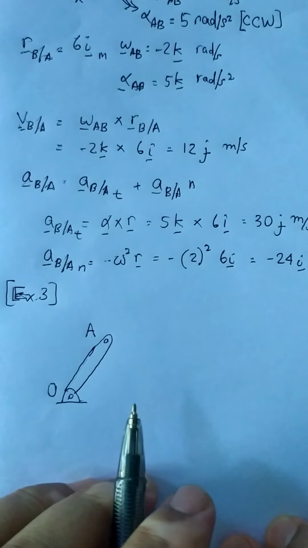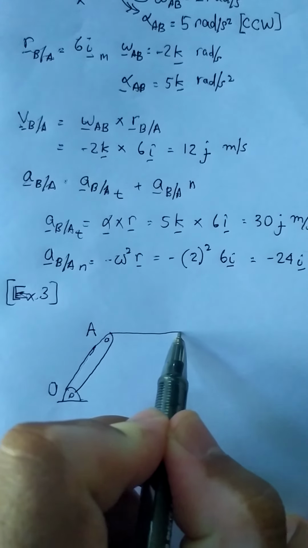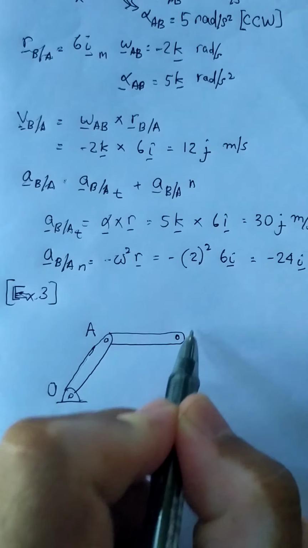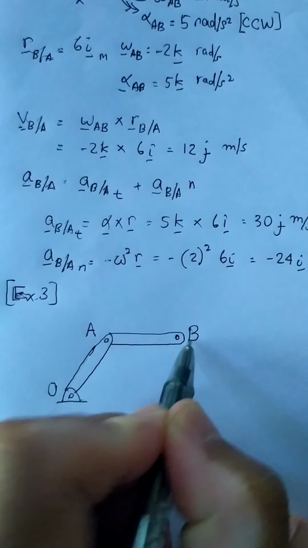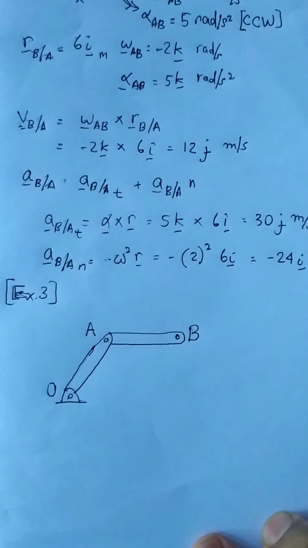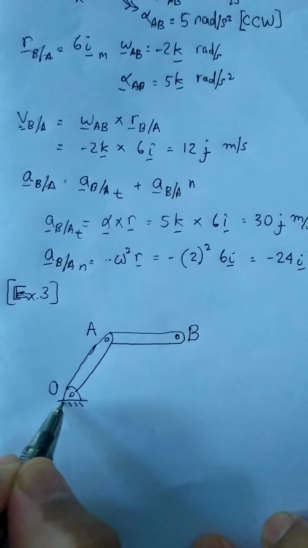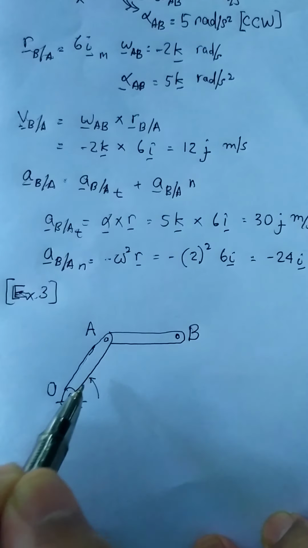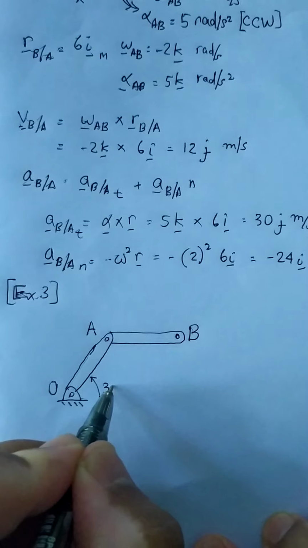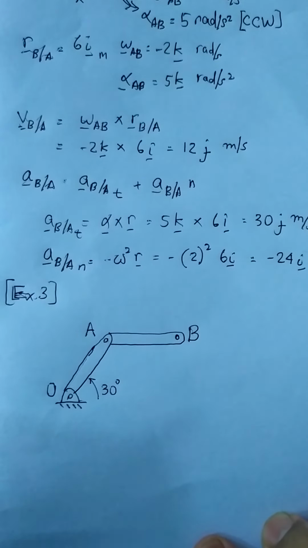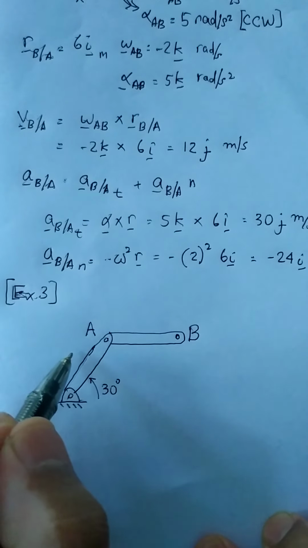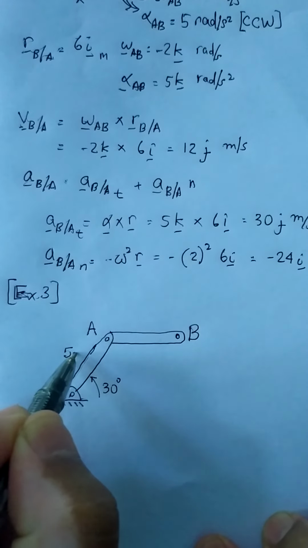Let's say at the same time we have another link here, and this is point B. And O is rigid, and at the time shown, this link is making an angle of 30 degrees. Or rather, to make it easier for us, we'll just say that this link is 5 meters.